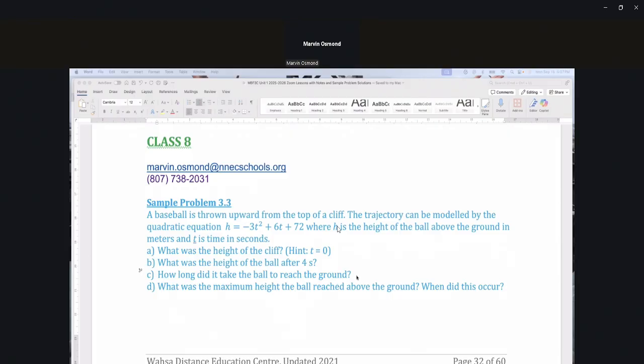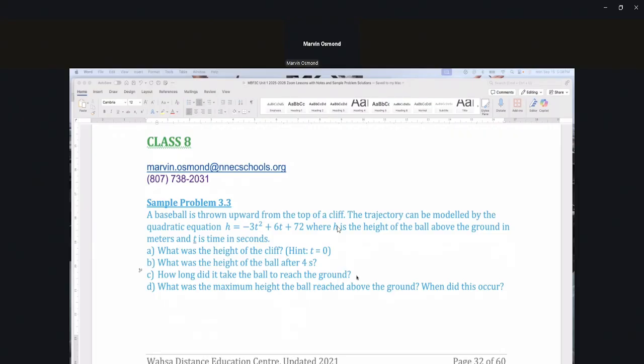So in this particular case, the trajectory can be modeled by the quadratic equation h equals minus 3t squared plus 6t plus 72, where h is the height of the ball above the ground in meters and t is time in seconds. So h and t, height, time.